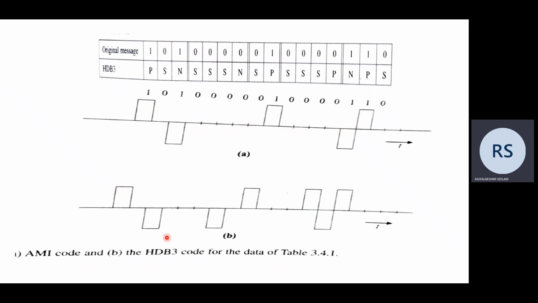And if we consider HDB3, here let us see, for 1 positive P, for 0 space S, and here N for negative. And here if we consider zeros, if we have a sequence of 4 zeros, we have S, S, S, and then N. Again, if we have a sequence of 4 zeros, we will consider SSSP here.